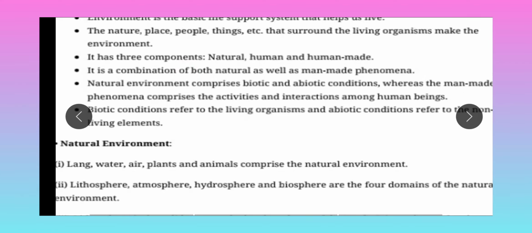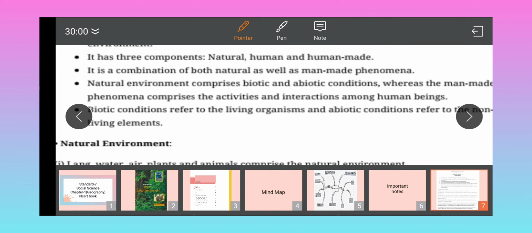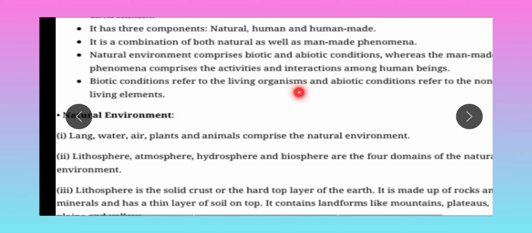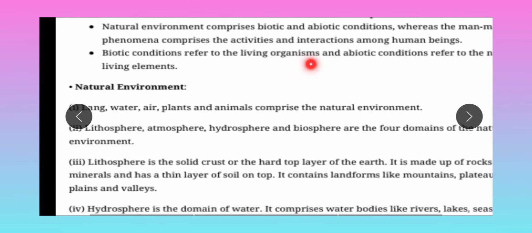Natural environment comprises biotic and abiotic conditions, whereas the man-made phenomena comprise the activities and interaction among human beings. Biotic conditions refer to the living organisms and abiotic conditions refer to the non-living elements.